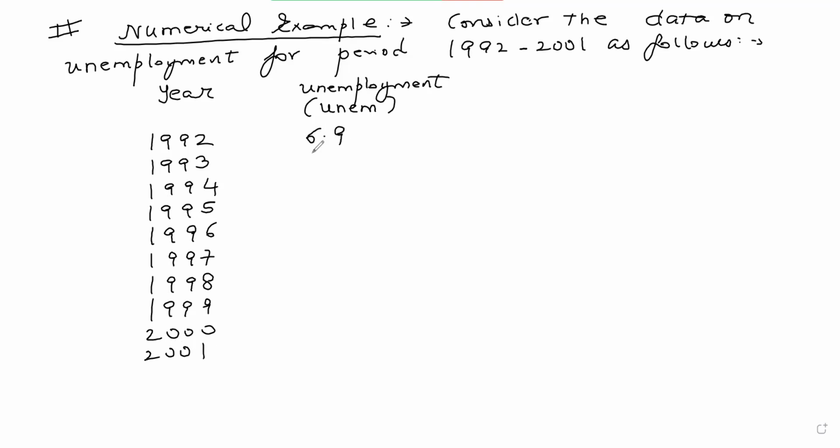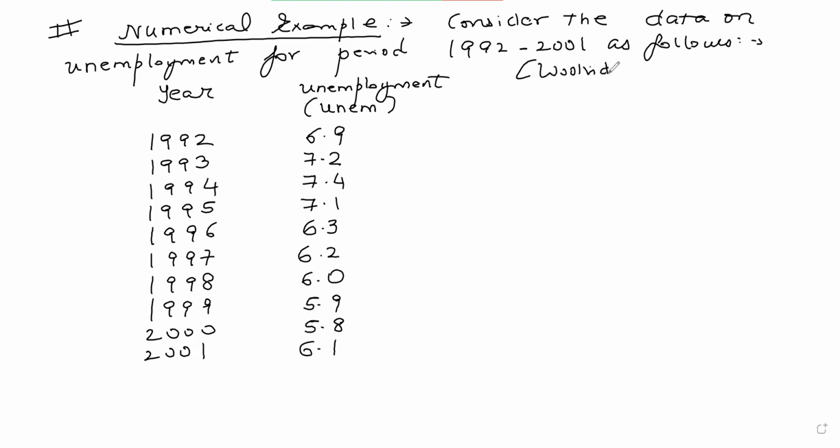Suppose I've taken the data exactly from Wooldridge. It's not my data. I've picked it up from the book Wooldridge. So 6.3 here, 6.2, 6.0, 5.9, 5.8, 6.1. Okay, the data is being taken from the book Wooldridge.